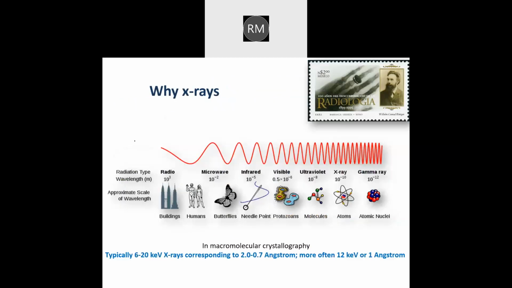So why X-rays? You have been hearing about X-ray crystallography, macromolecular crystallography. Why do we use X-rays? This is electromagnetic radiation. The wavelength and energy are inversely proportional: bigger wavelength, less energy; smaller wavelength, bigger energy.